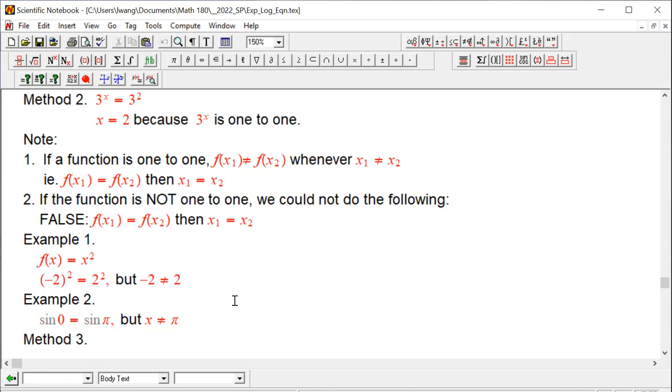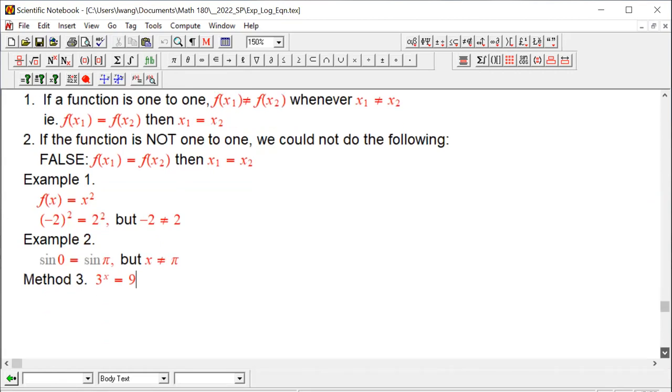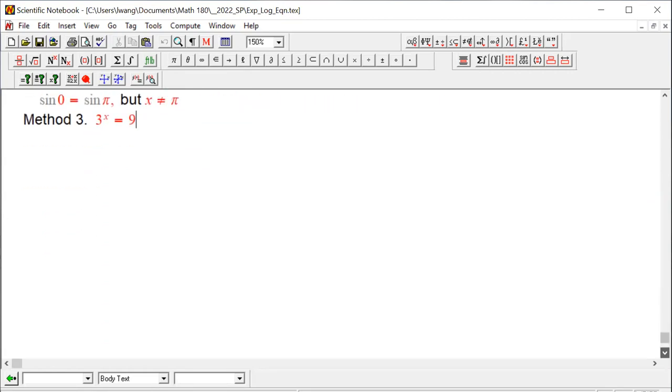Method 3 is using the definition of logarithm and exponential. What is the definition of logarithm?